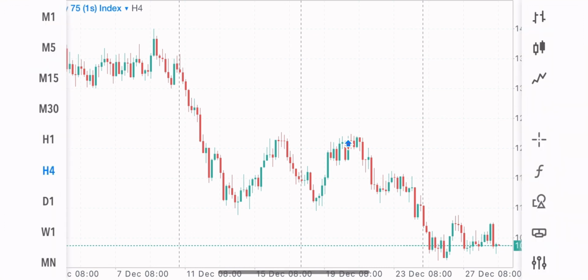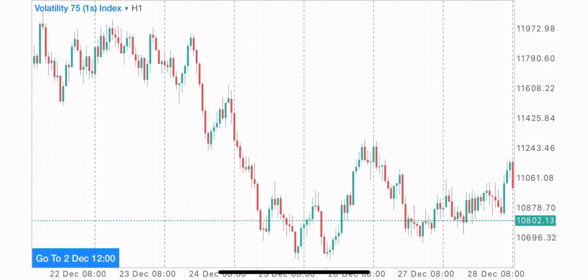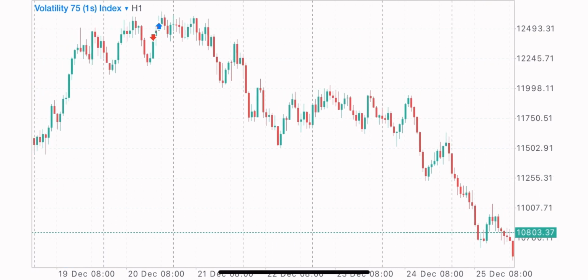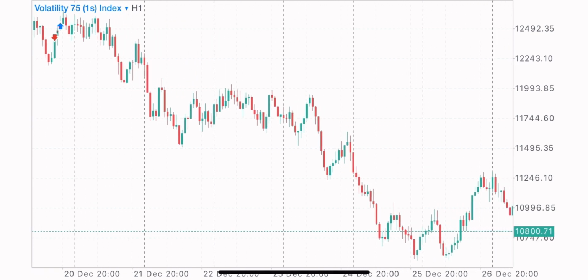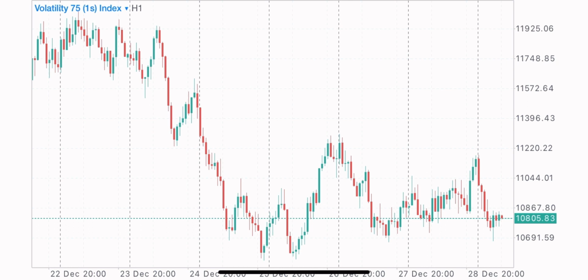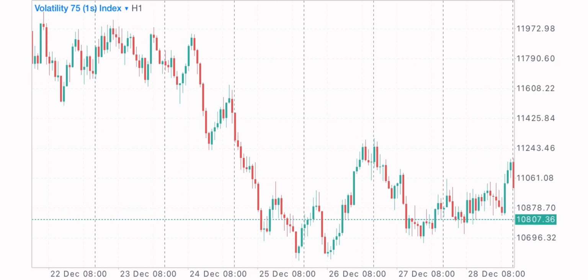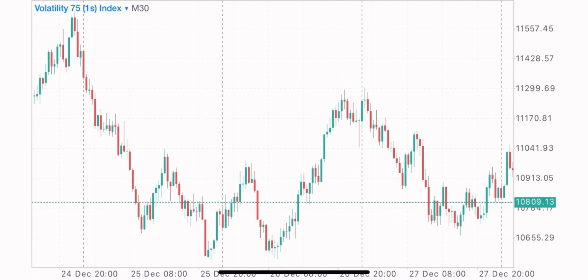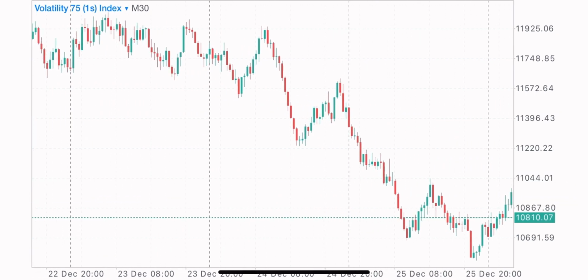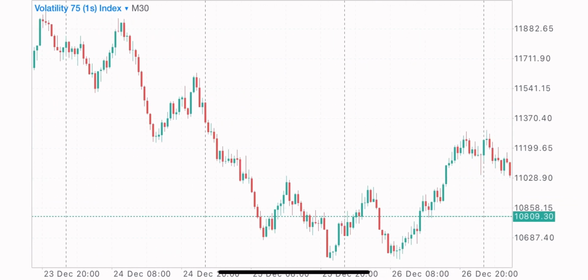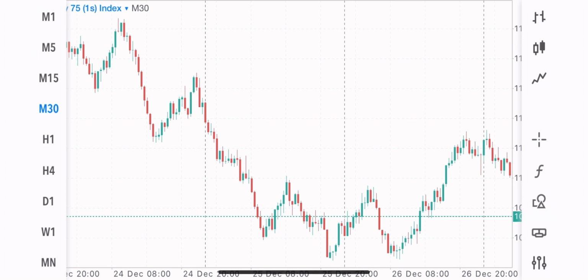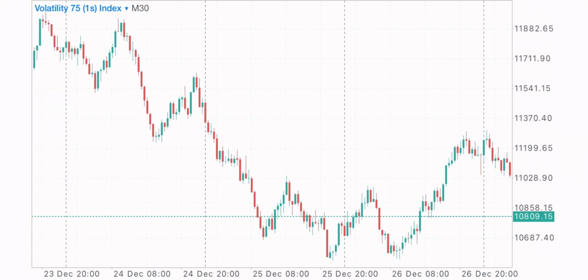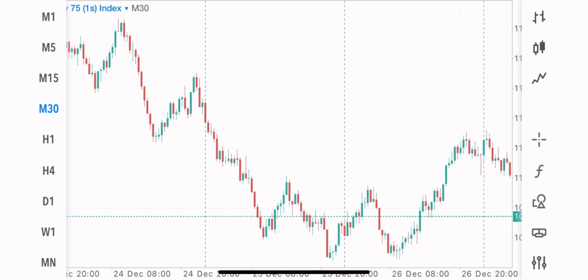As you can see, there's a better downtrend on the 1 hour. On the 30, it's not that bad, but it's not as good. So I think you guys know what I'm trying to say. When you use a higher time frame, it's better for spotting a trend line.